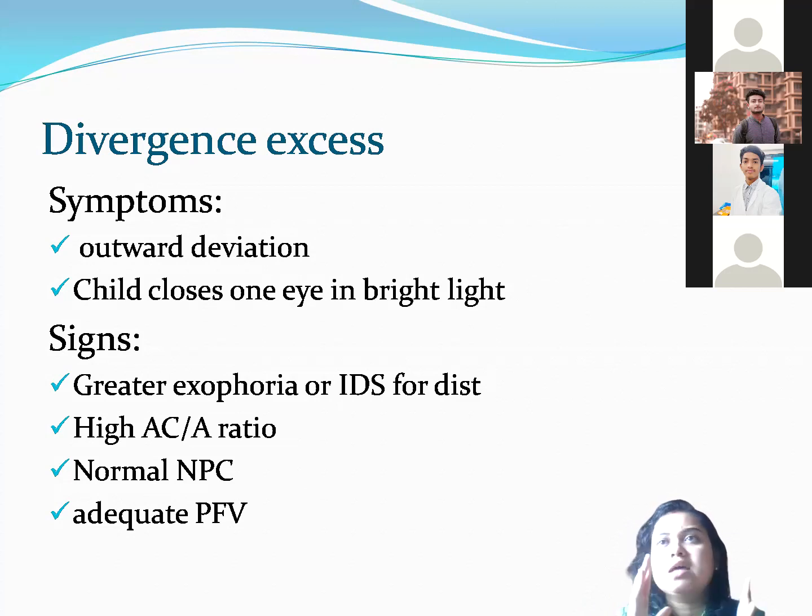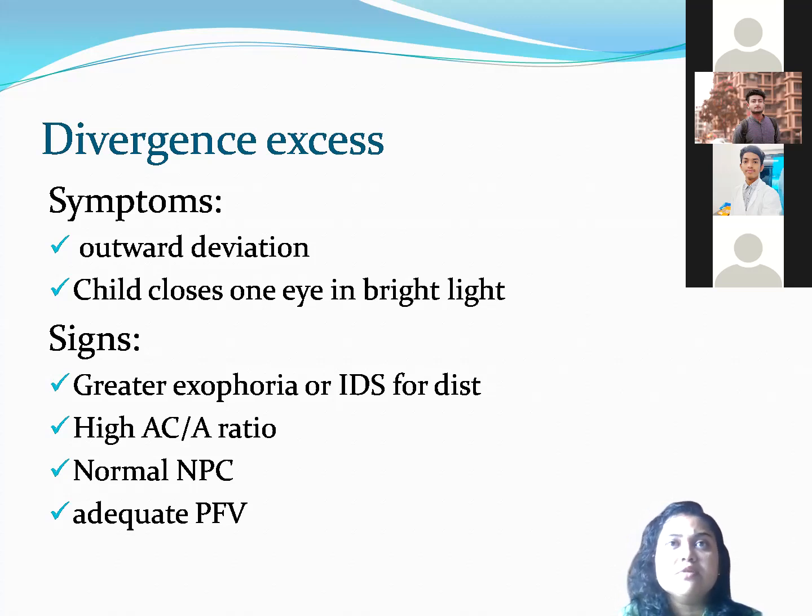The symptoms like headache, asthenopic symptoms, difficulty in daily lifestyle might be the same. But when we are testing the phoria, we can test the phoria with the help of Maddox rod.